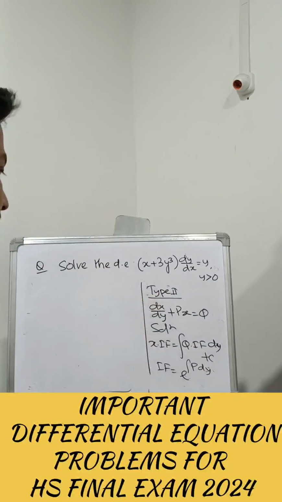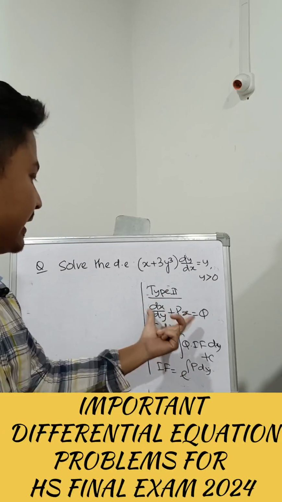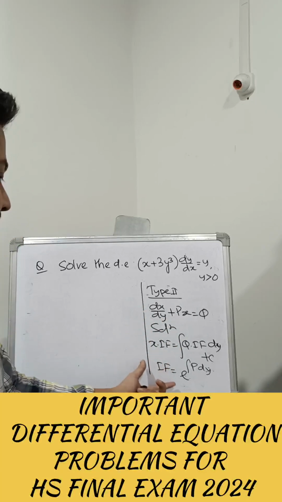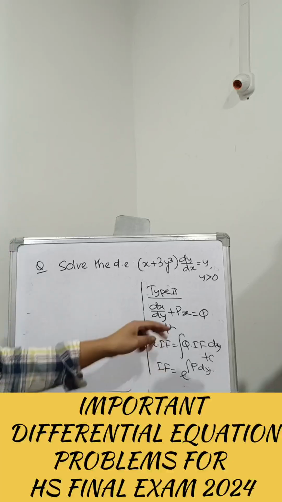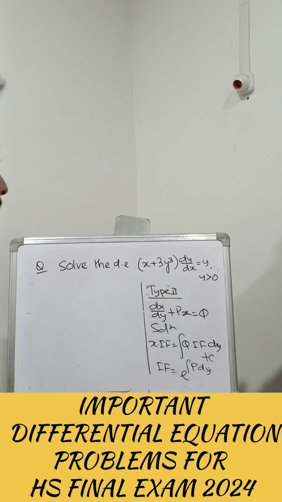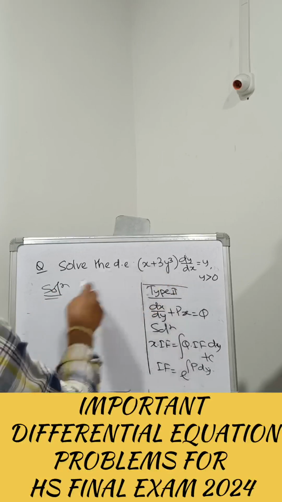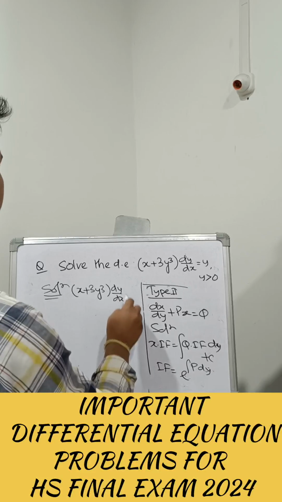By following the structure of this linear differential equation, the solution associated with it and the integrating factor associated with it, we are going to solve this question. Basically, we are given this equation: x plus 3y cube into dy by dx equal to y.